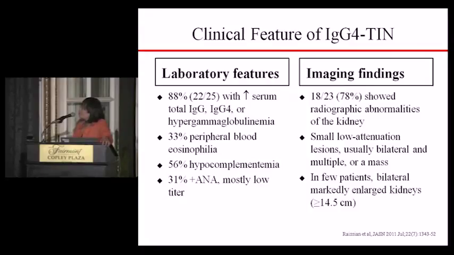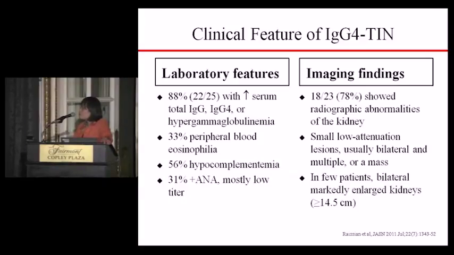How about the clinical features of this entity? Laboratory-wise, a very high percentage of patients have elevated serum total IgG and IgG4, okay, and also have hypergammaglobulinemia. About 1/3 of patients, you will see eosinophils in the blood, and more than half the patients have a low complement level.